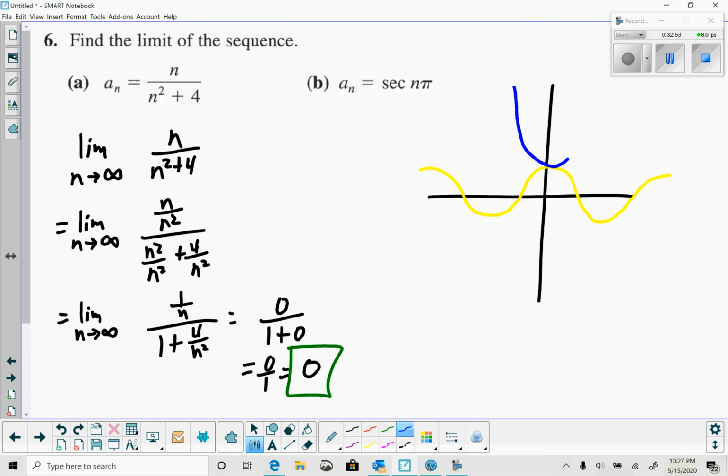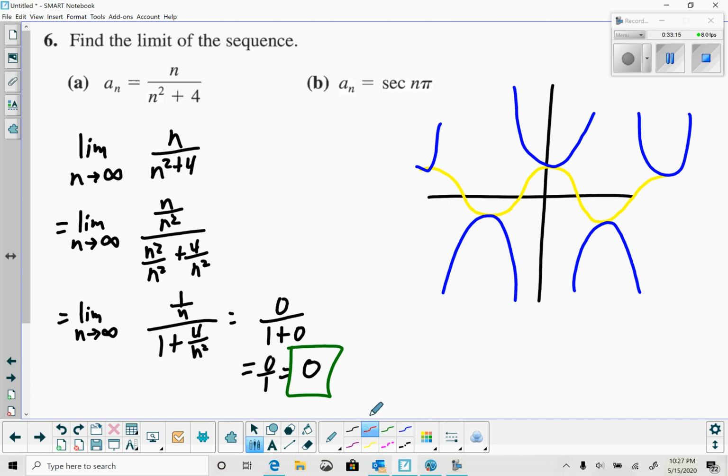So the secant graph was like this, and then like this, and here, and here, and here. As n approaches infinity, does the graph eventually settle down towards one particular value? Not a chance. Again, it's a cyclical function there. This sequence does not converge. There is no limit.